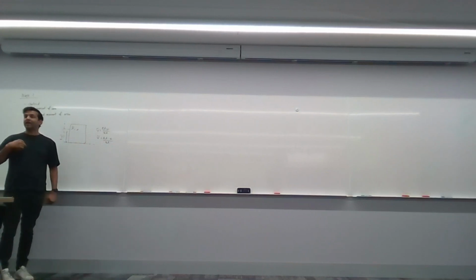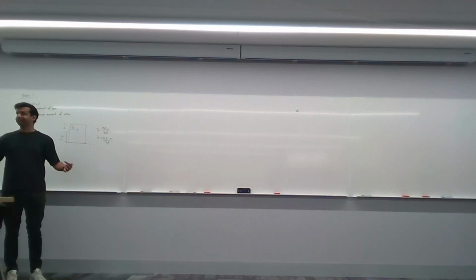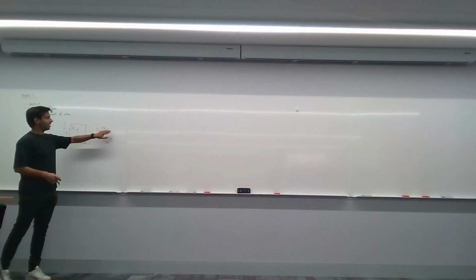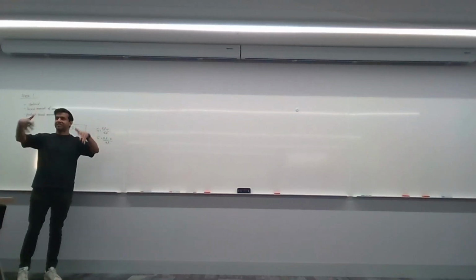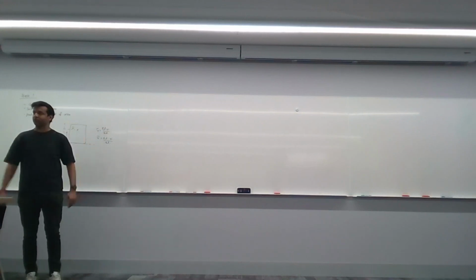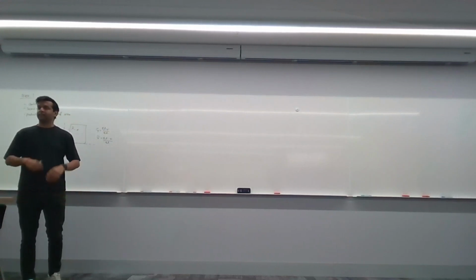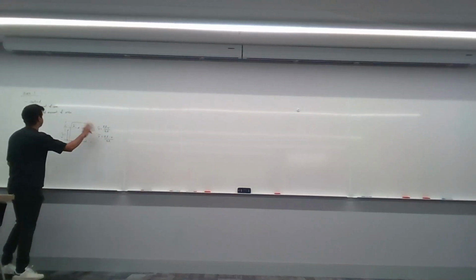In an exam, do it automatically: y bar equals the sum of Ai Yi over Ai equals, and just write it out that way rather than doing the table. The table is really useful to practice and get used to the concept, but when you're gunning it for an exam, just do it automatically. It's faster. Okay, so that's centroid done.